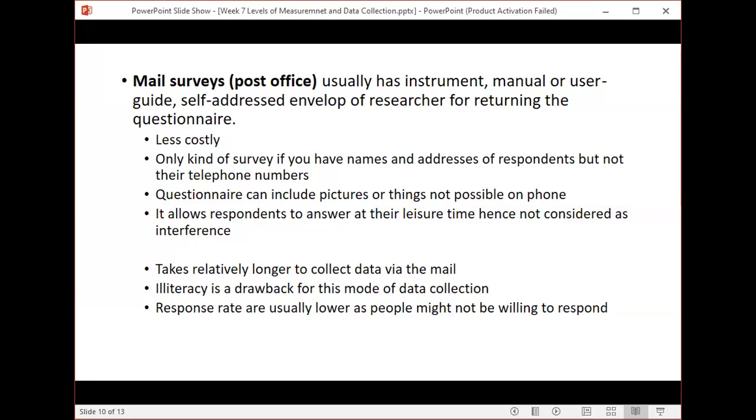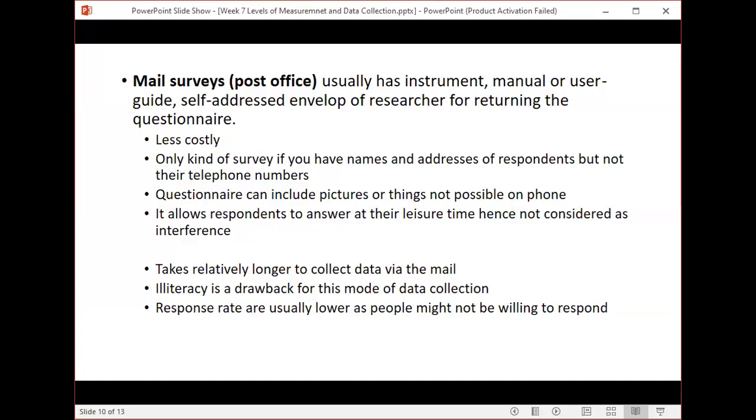But the disadvantages are that it might take too long to get the data back. They might get it, but they will take some time before they answer and are able to mail it back to you. So that could be a challenge, right? Illiteracy could be a problem. If the person cannot read and write, how would they read and answer your questionnaire?